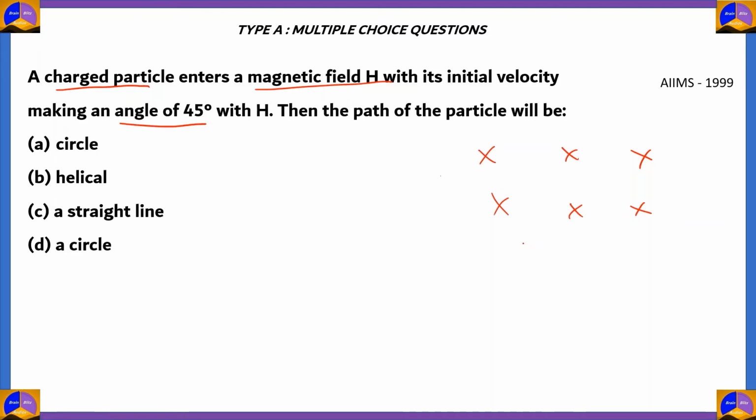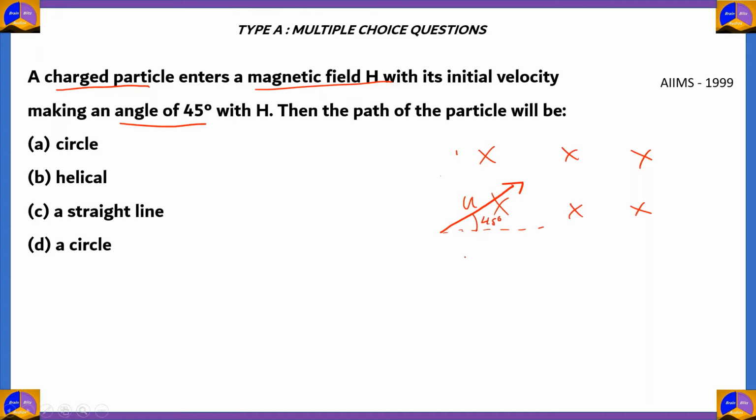So that means I draw X's around it. And then you see that we have a charged particle entering with the initial velocity, say u. And the angle at which it's entering is 45 degrees.